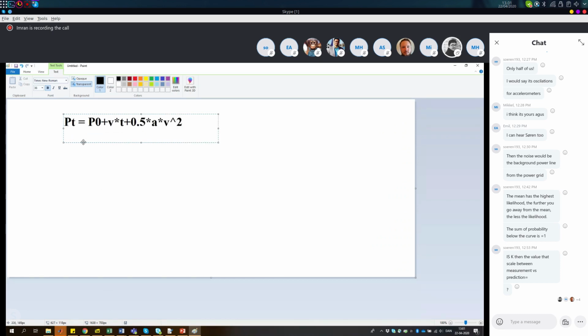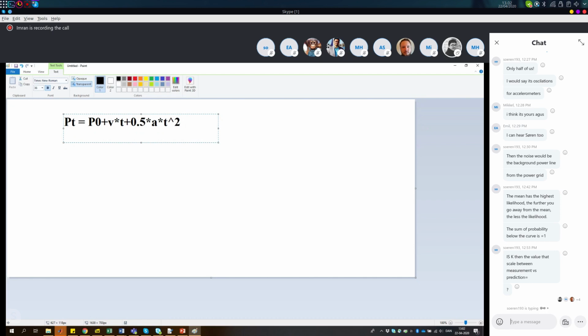So if you are running or jogging with the velocity and known acceleration a, then you can try to estimate your position from the initial position. I think this is quite a straightforward formula. Sorry, this is not v but t.